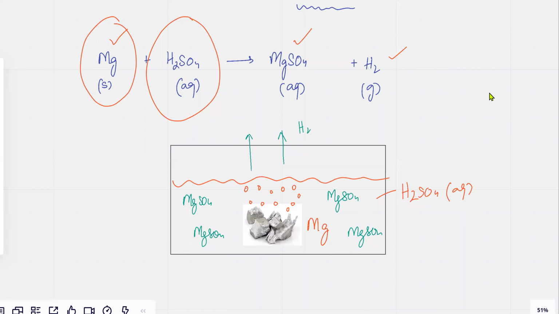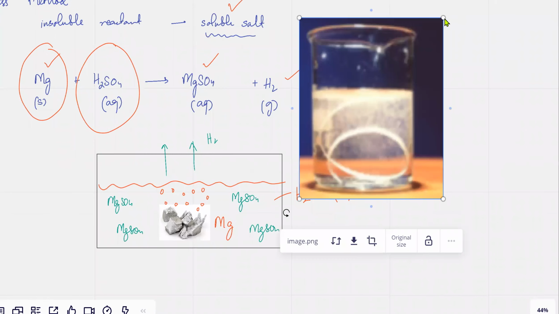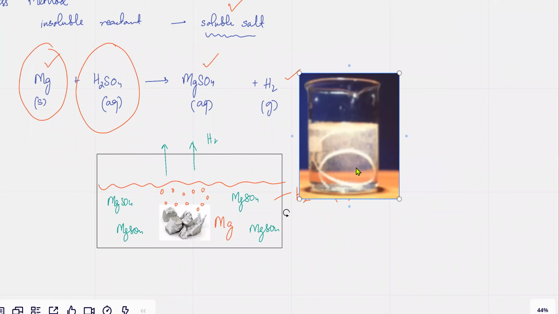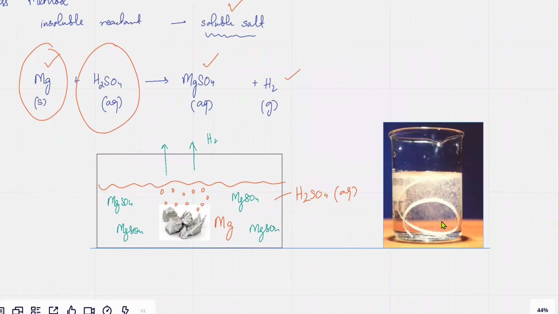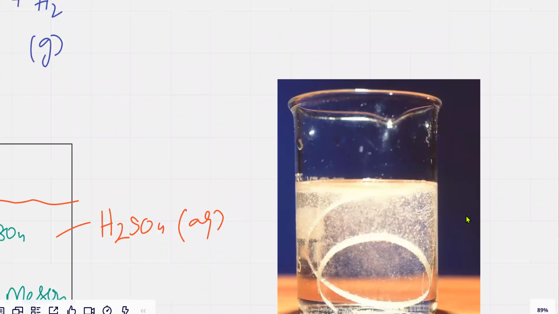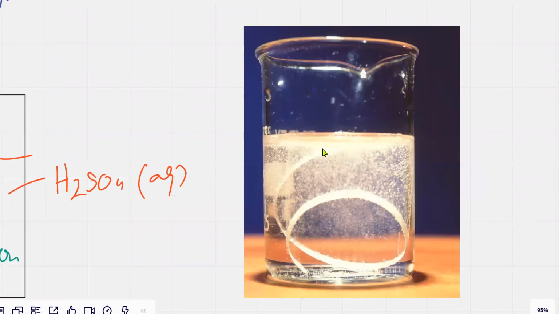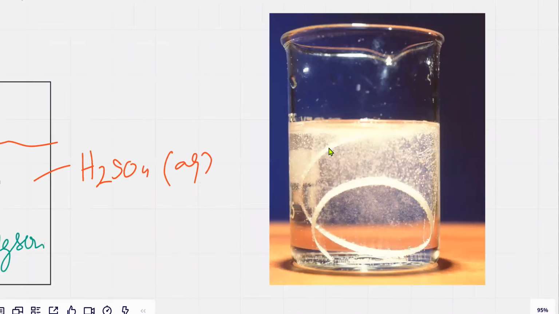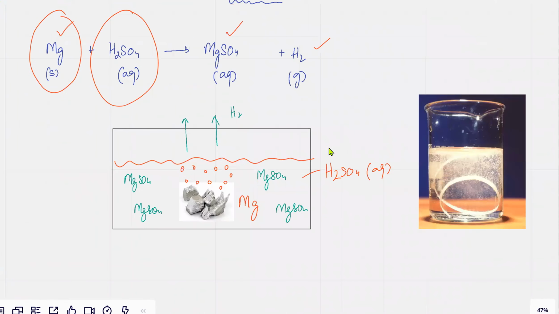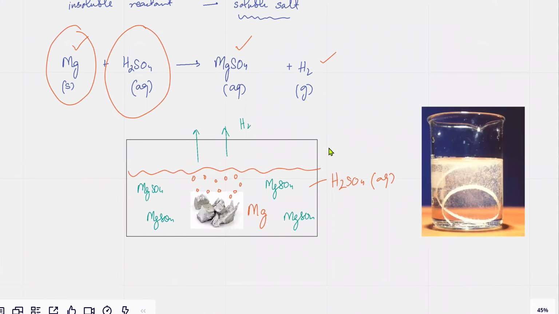This is what the true representation is. You can see these tiny bubbles being formed because H2 gas is being produced when you add magnesium to sulfuric acid. Is this clear so far? Yes, sir.